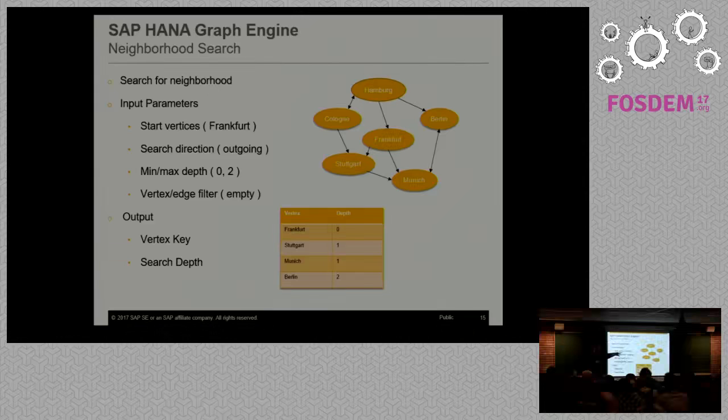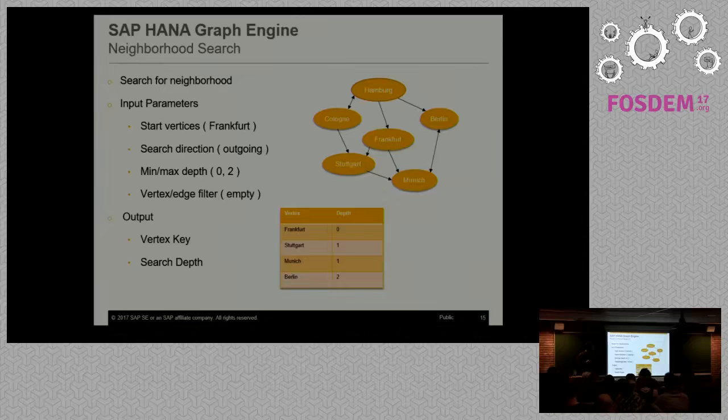You have to specify in which direction you want to traverse: if you want to traverse outgoing or incoming edges, or direction any if you want to ignore the direction. You need to specify which levels you want to get as result, and these levels are the usual breadth-first search levels. And you can additionally apply vertex and edge filters.